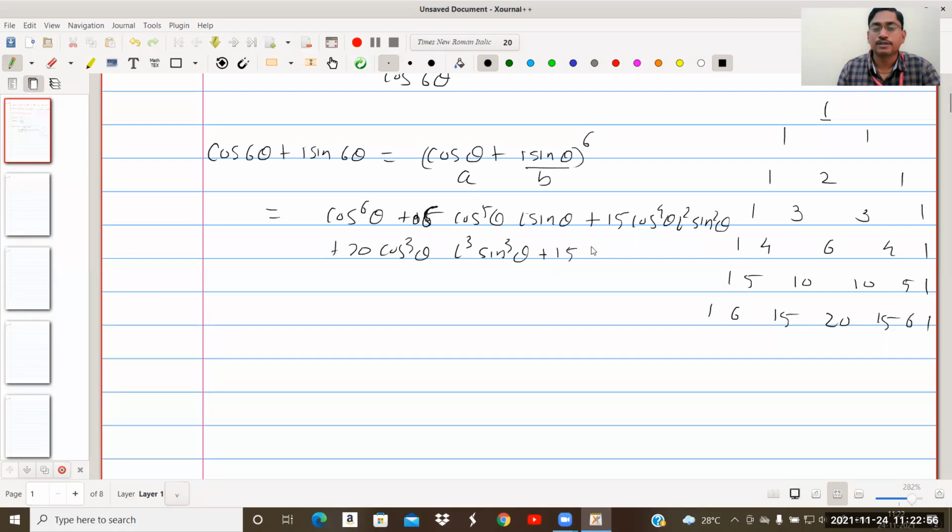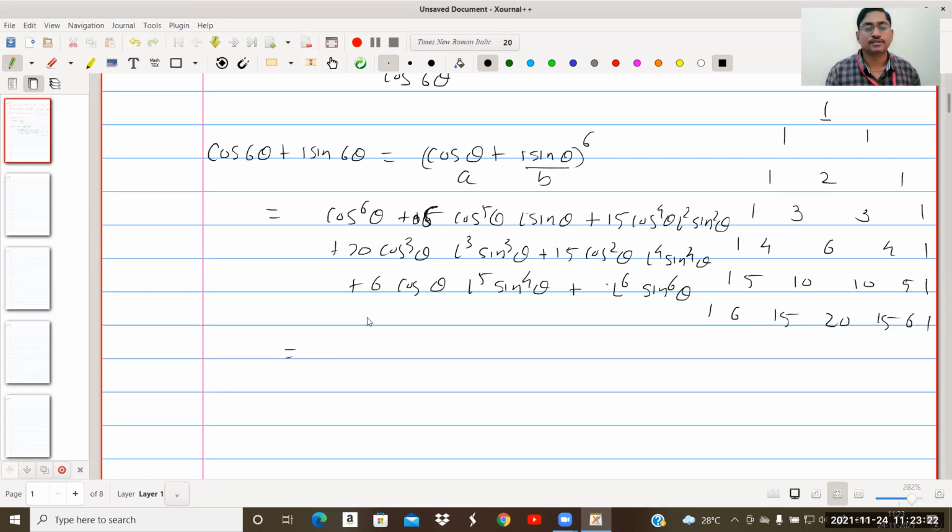Then plus 15 cos square theta, i raised to 4 sin raised to 4 theta. Next, plus 6 cos theta, i raised to 5 sin raised to 5 theta. And the last term, plus 1, cos theta raised to 0 is 1, and i raised to 6 sin raised to 6 theta.